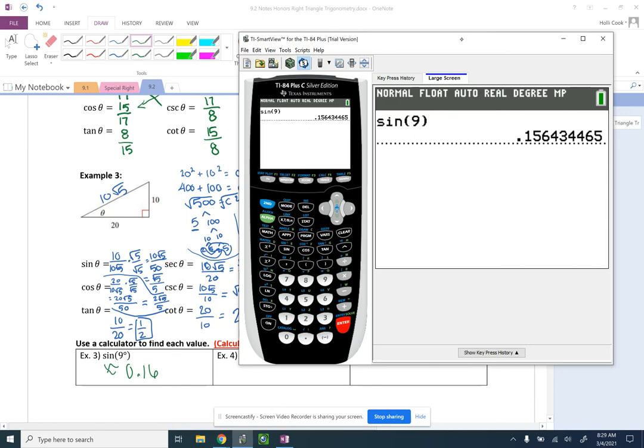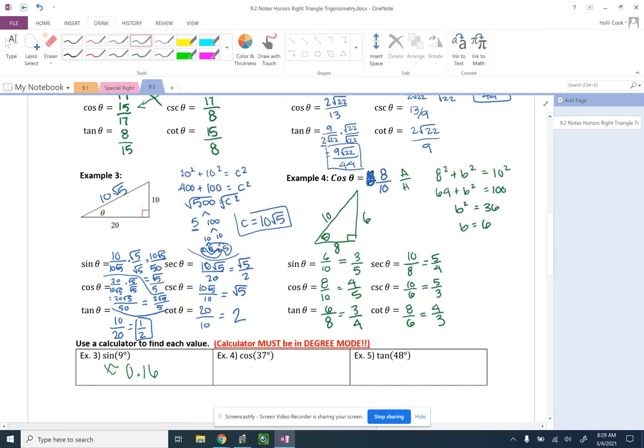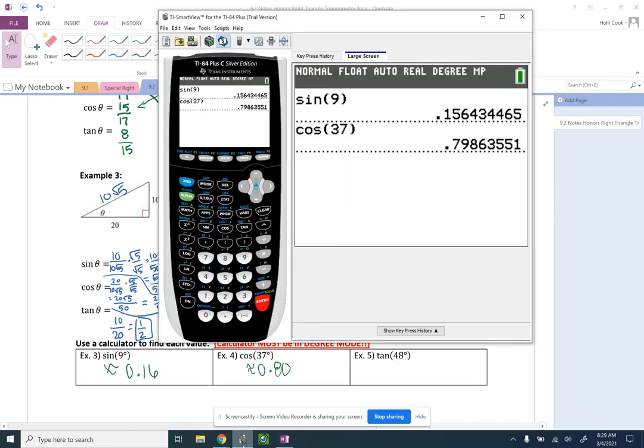Yes. Okay, now let's look at our cosine of 37. So cosine's right next to sine. So that is about 0.80. Okay, we're rounding to 2 decimal places.